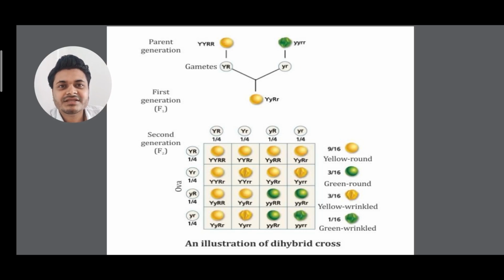So here you can see the phenotypic ratio of dihybrid cross is 9:3:3:1, isn't it? So the 9 is round yellow, the phenotype is round yellow, and another 3 is there, 3 is green round, and another is yellow wrinkle, isn't it? And another one is green wrinkle. So these are the phenotypes.